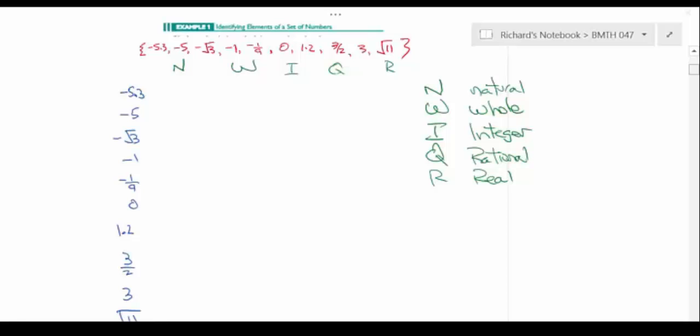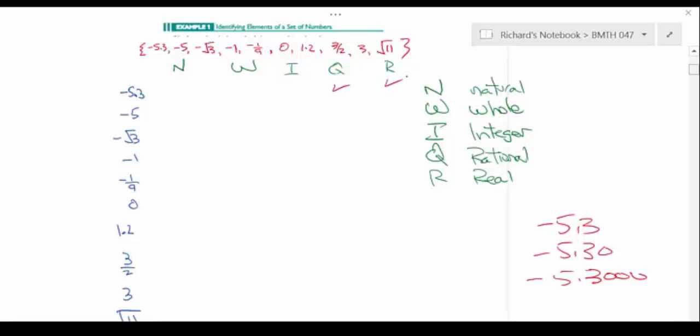They're all the same number, and they're an exact number. It doesn't matter how many zeros I put there, it's the same number. So that's a rational number, and a real number.